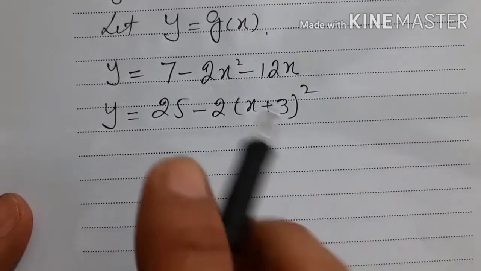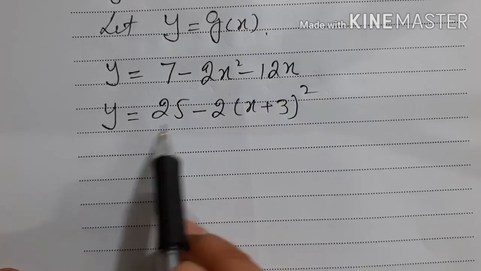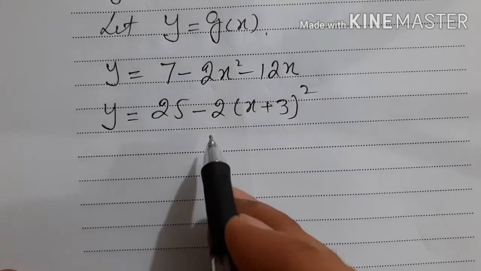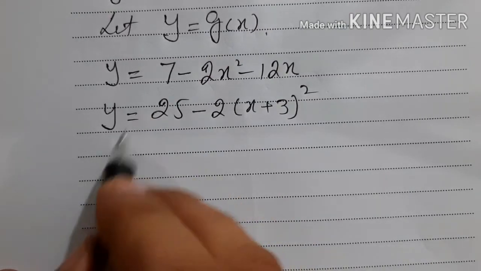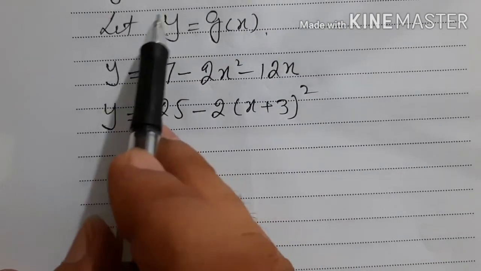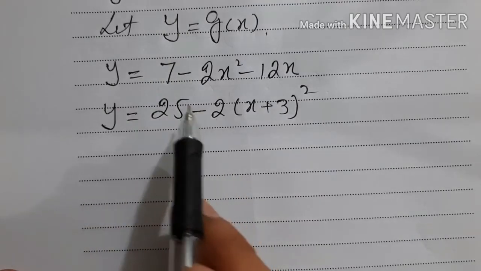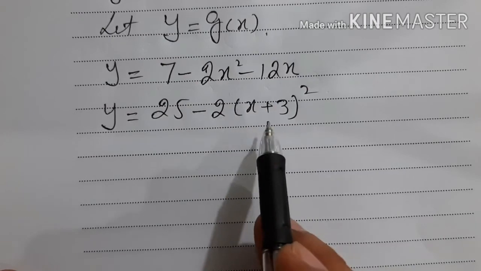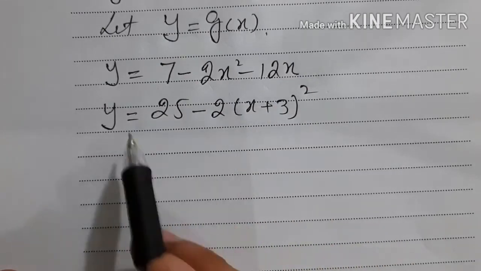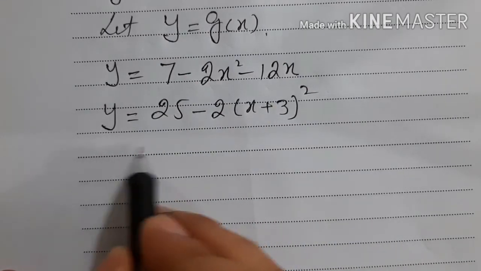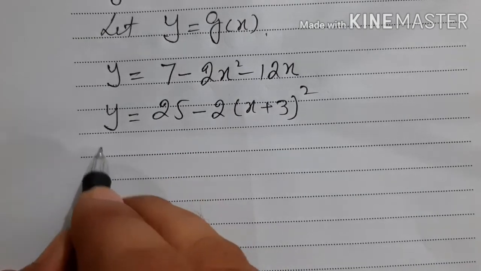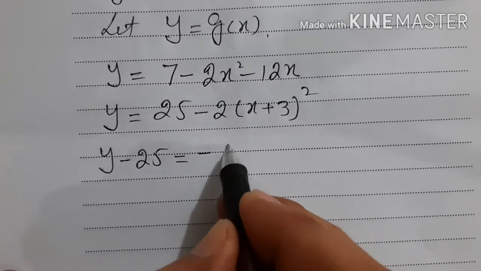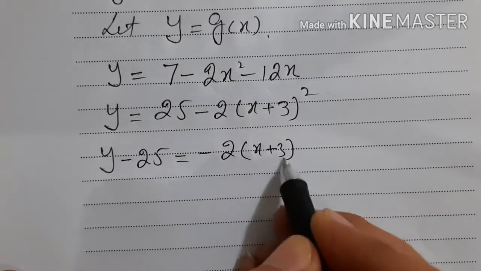If you want to check, you can go to part 1 of this question. So now take 25 here. Always keep in mind for the inverse, you need to convert this into the form a minus 2 into x plus b whole square, so that you can find the inverse of that function. So take 25 on the left. y minus 25 is equal to minus 2 into x plus 3 whole square.